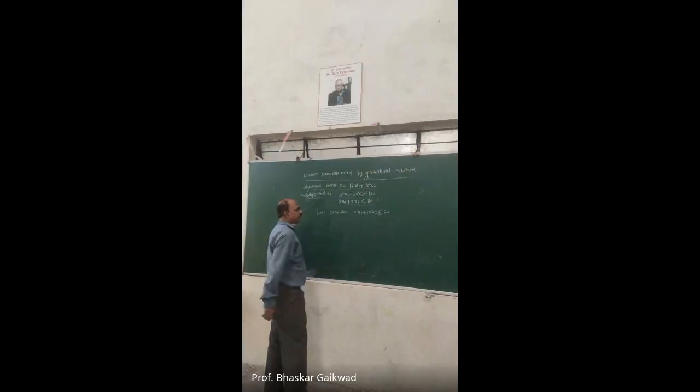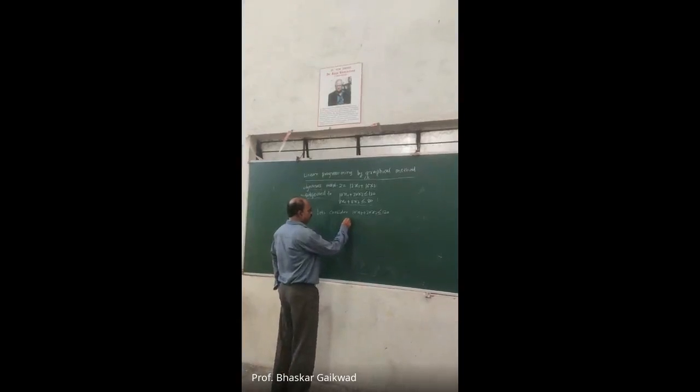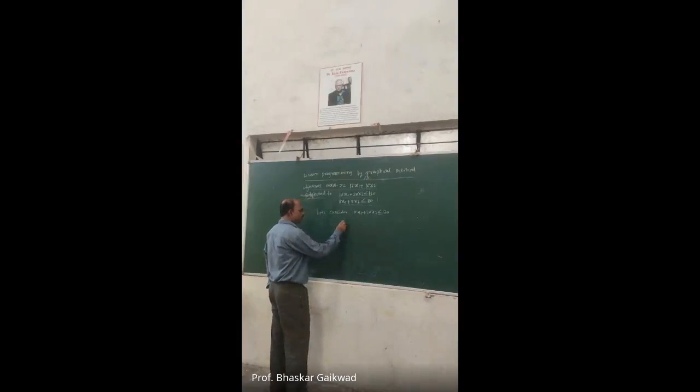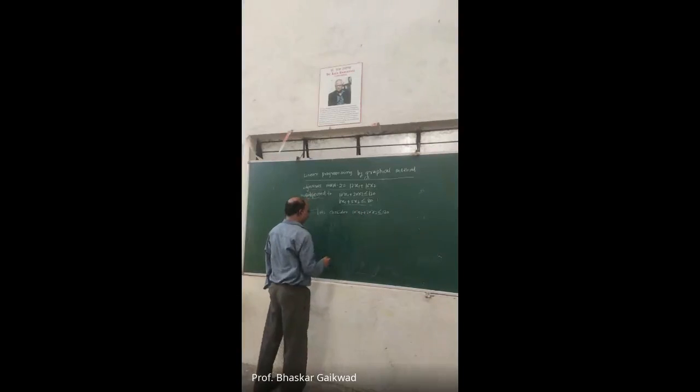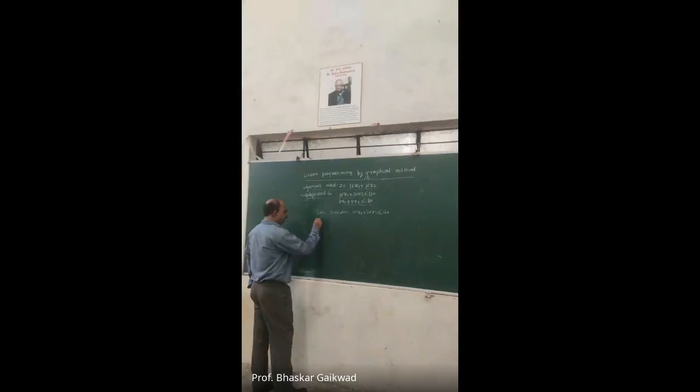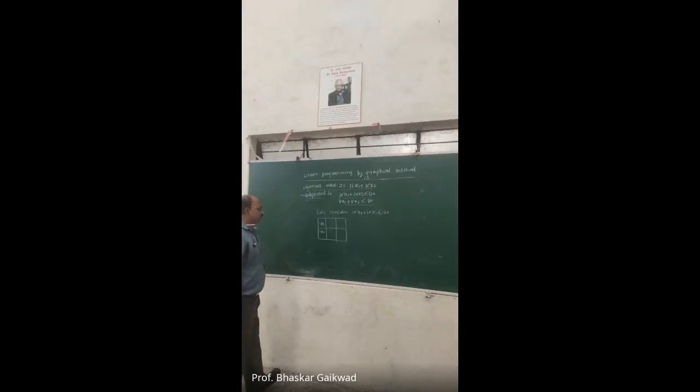In this equation, first of all we have to make some coordinates for x1 and x2. So let us make one table. Here it is x1 and here it is x2. Correct.